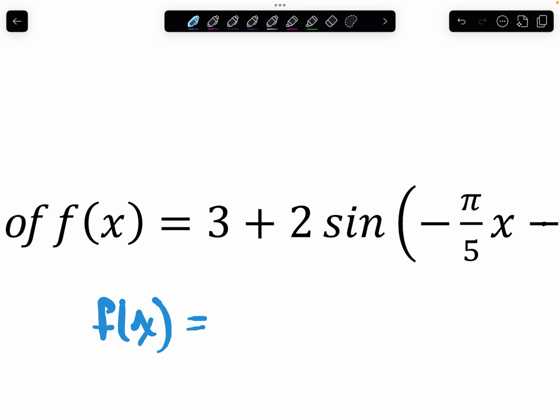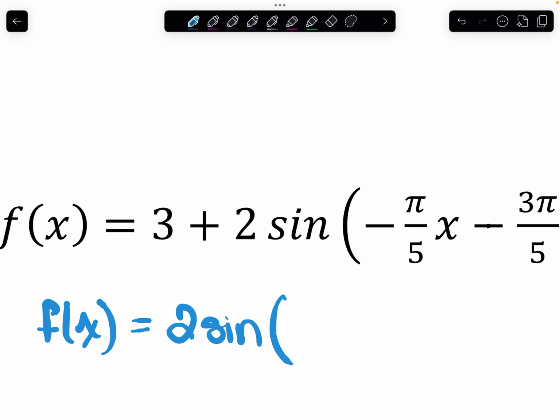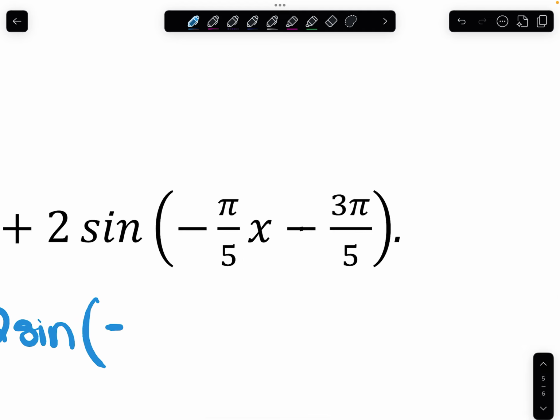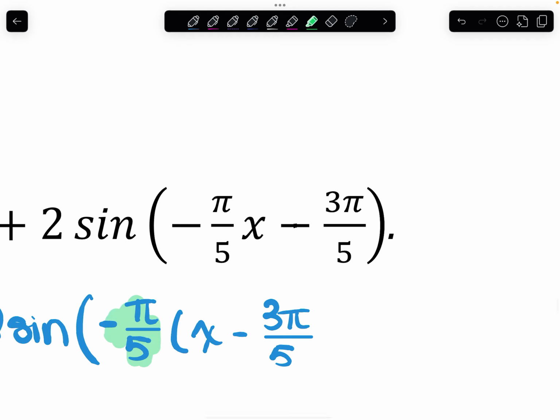So careful, algebra: no, do not add those two together. That 2 is attached with multiplication. That 3 belongs at the back by itself. So separating the -π/5 from the x, the -3π/5 must be multiplied by this reciprocal. So just flip it.